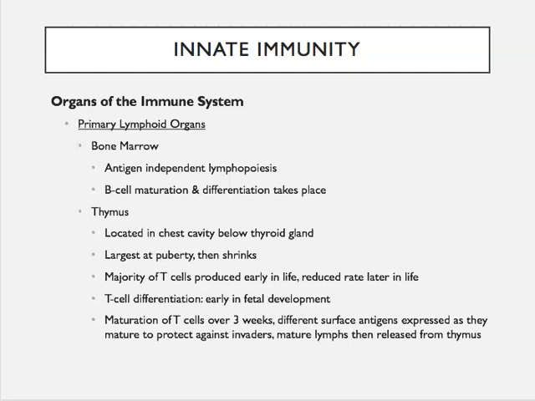The majority of the T cells that your body produces are produced early in life, and then there's going to be a reduced rate later in life. T cell differentiation occurs early in fetal development, and then maturation of the T cells over 3 weeks. Different surface antigens are expressed as the cells mature to protect against different invaders. Mature lymphs are then released from the thymus.